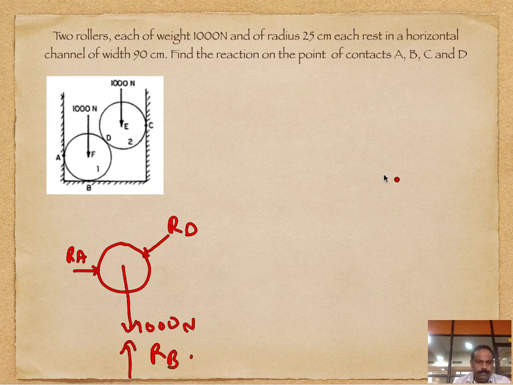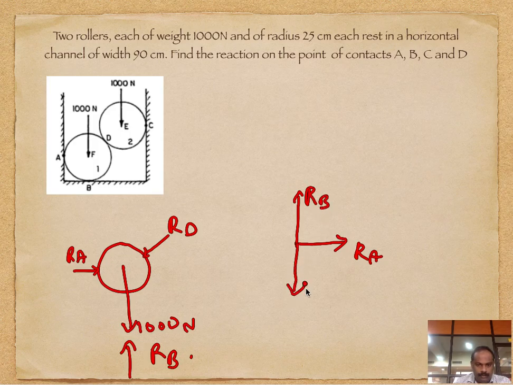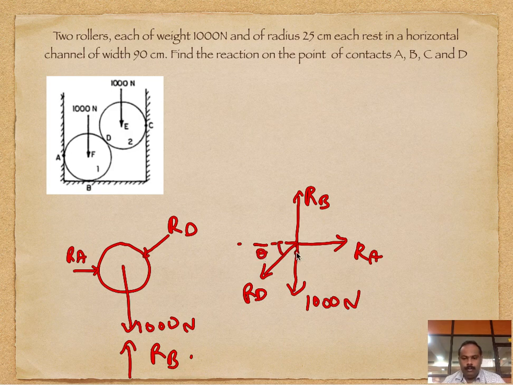So if you draw it, it will look like this. RA, we can put it on this side. RB, we can put it up, and you have your self weight, 1000 Newton acting downwards, and RD, which with respect to the horizontal is making theta. So this is how it is going to look.